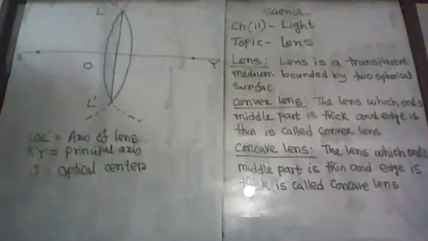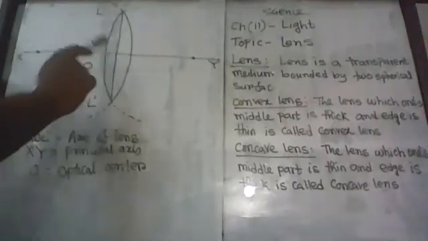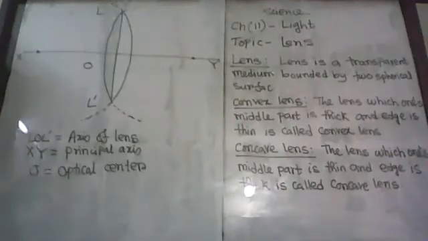So XY and LOL prime, these two intersect at point O. LOL prime is called the axis of lens. XY is called the principal axis. And the intersecting point of LOL prime and XY, just this point O, is called the optical center. It's nothing but the optical center.